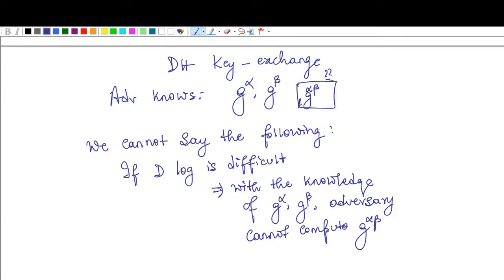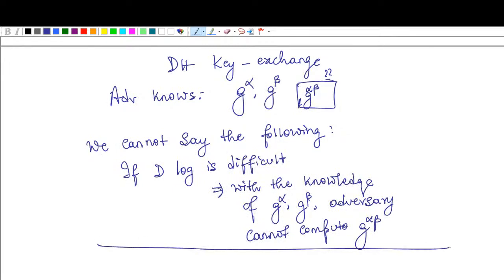No, we cannot claim this. Of course, one of the ways of finding G power alpha beta will be to solve the D-log problem, find out alpha, find out beta, and then yourself compute G power alpha beta. That's one of the ways for finding the key G power alpha beta. But that need not be the only way through which the adversary can find out G power alpha beta.